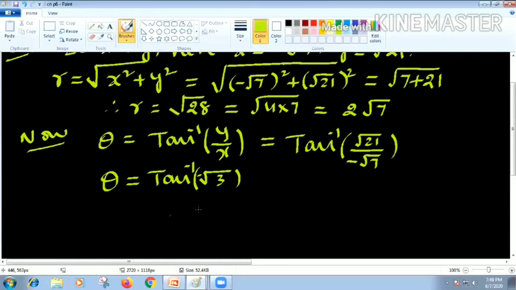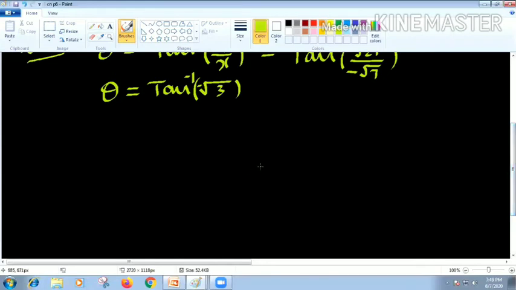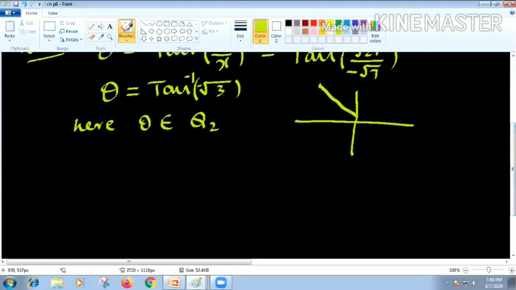Now let us consider the point. Here theta belongs to the second quadrant, as the point is minus root 7, root 21, where x is negative and y is positive.